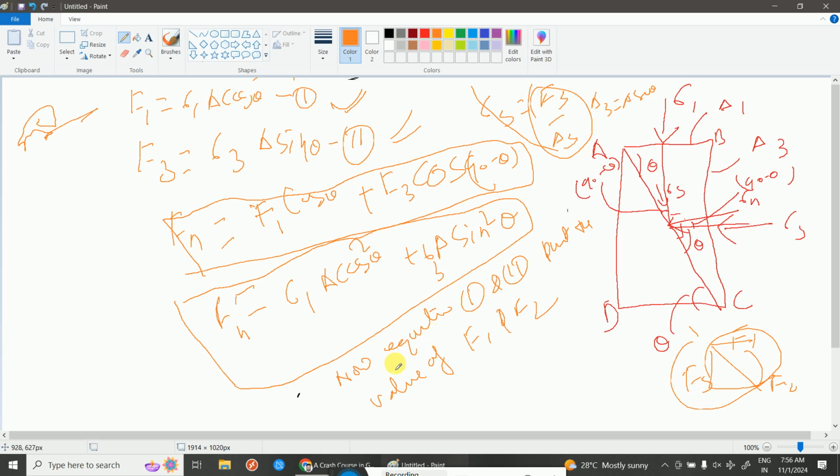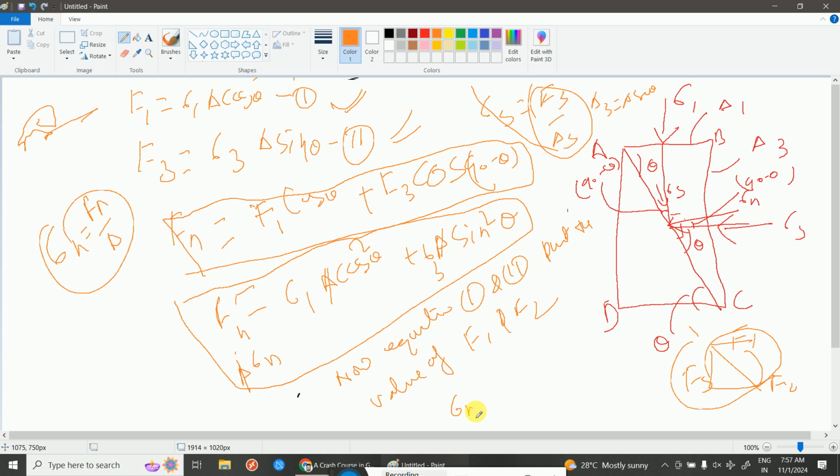Now we will put here the value of the Fn. So Fn is what? Sigma n is equal to Fn by a. Then put the value of the Fn, then this will be a sigma n, then the a cancels out.